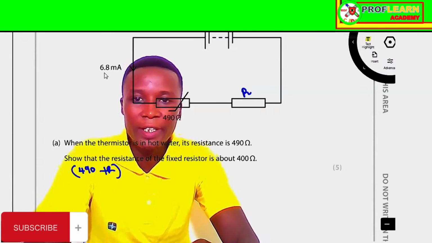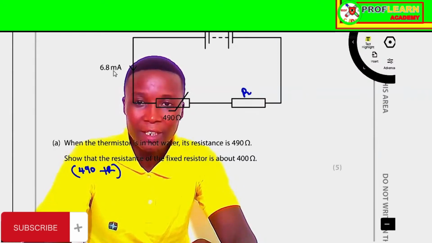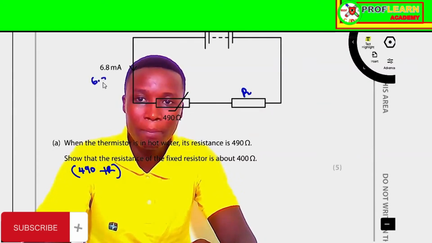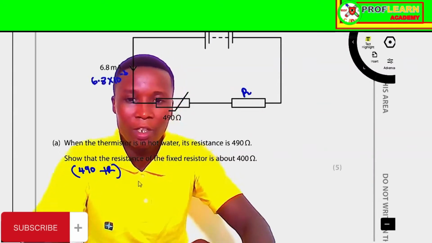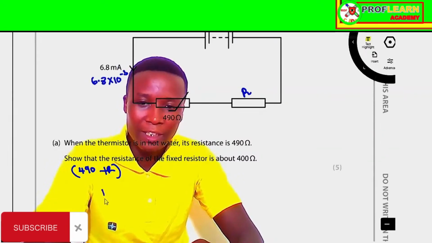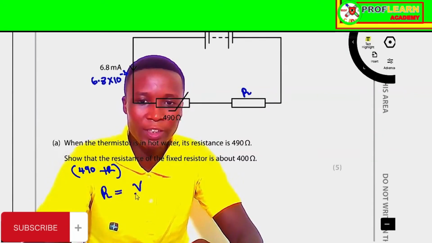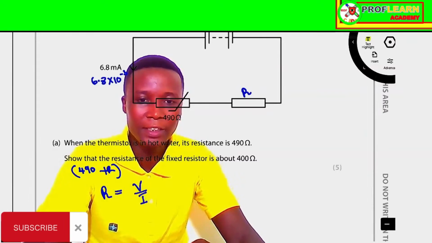We also need to work out the current and convert it to amperes, because this is in milliamperes. So this is going to be 6.8 times 10 raised to negative 3. We know that resistance is equal to voltage divided by current.